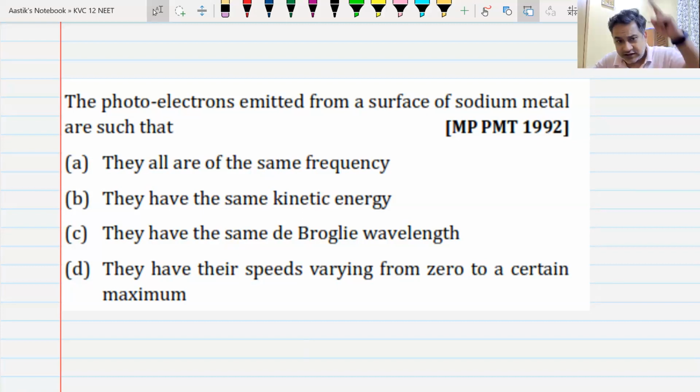If you know the answer, you know it. Otherwise, you don't. And the answer is: they have 0 to maximum kinetic energy, they have 0 to maximum velocity.